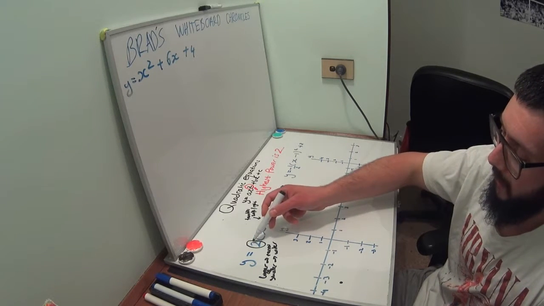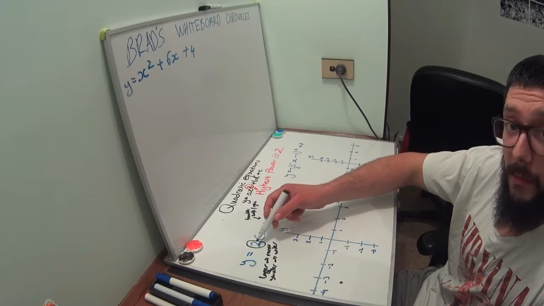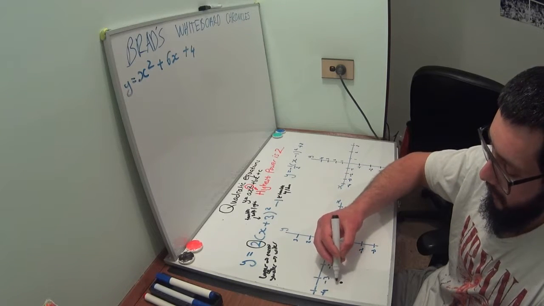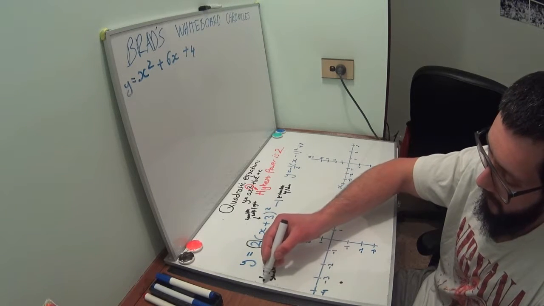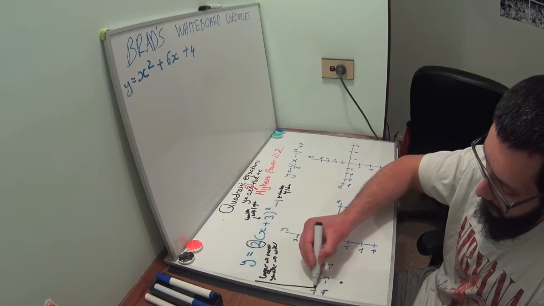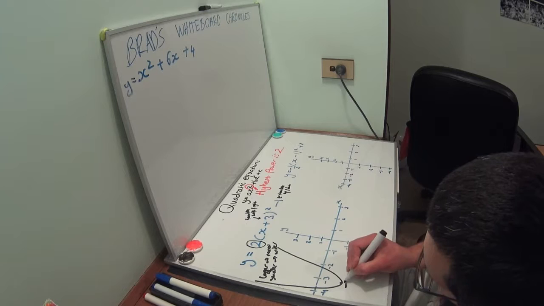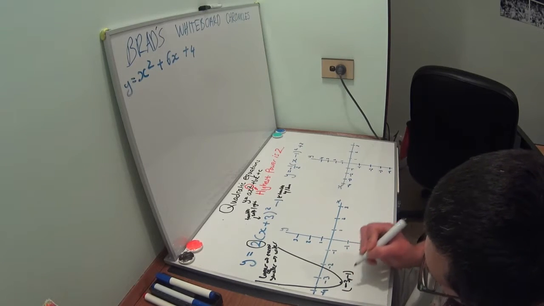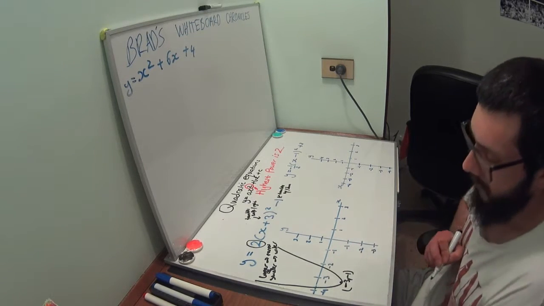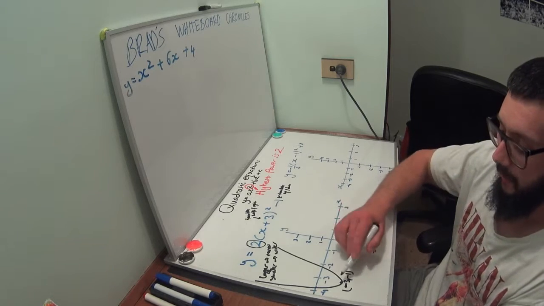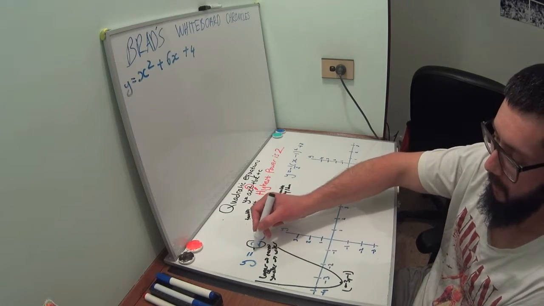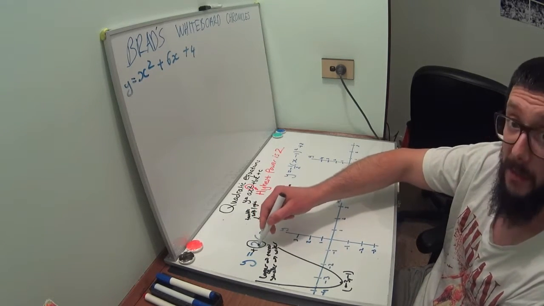And then looking here, we know that we'll have a narrow curve. So our parabola would look something like that, with a turning point at minus 3, minus 1. And we know it's a positive curve because it's a positive number.